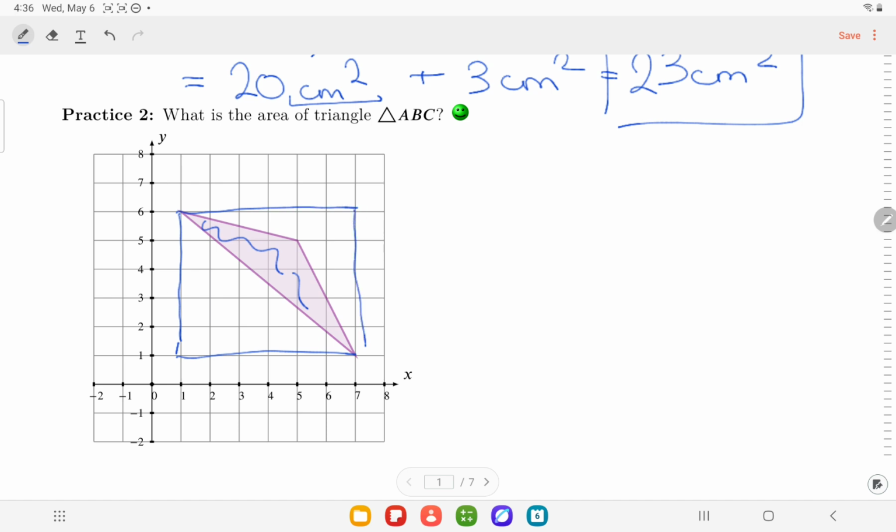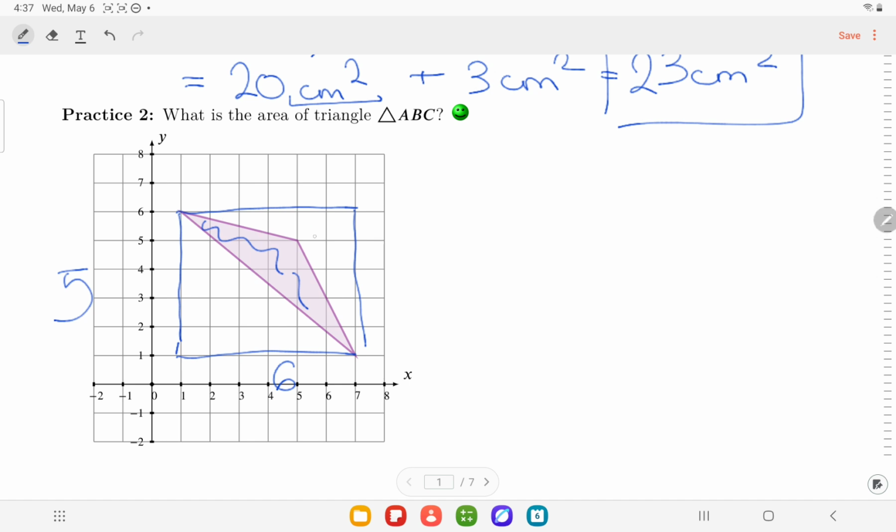So if we make a large rectangle here, we know that this side length is 5 and this length is 6. So we know that the area of the rectangle is going to be 5 times 6, which is 30.